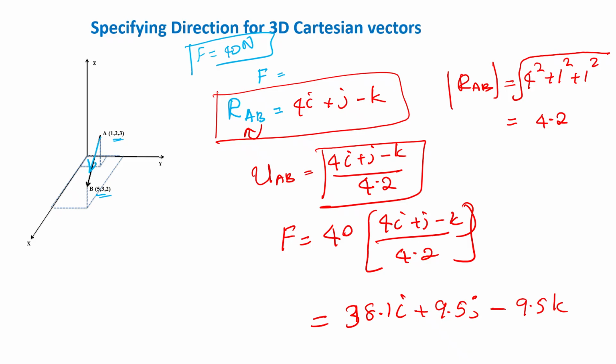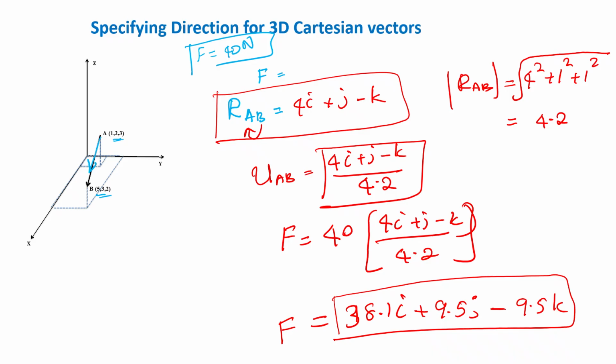Now 40 divided by 4.2, yeah, 9.5 should be fine. So this looks okay. This is your force.